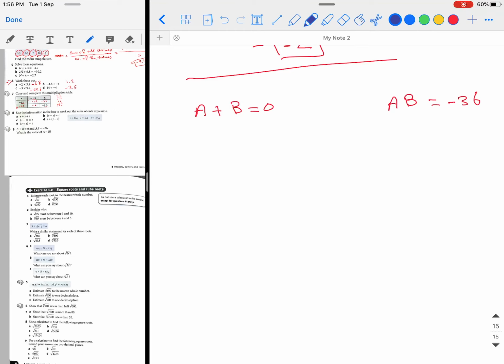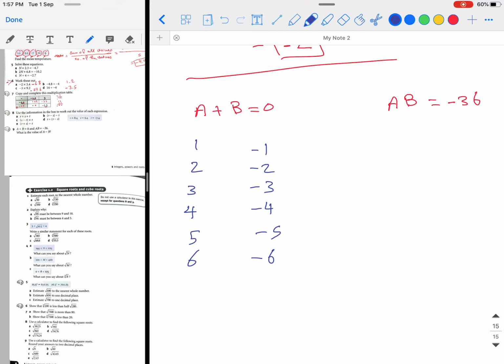If I add them together, I will get 0. It means it's two same numbers, and one of them is negative and one of them is positive, like 1 and negative 1, or 2 and negative 2, or 3 and negative 3, 4 and negative 4, 5 and negative 5, 6 and negative 6. All of them, if I add them together, I will get 0.